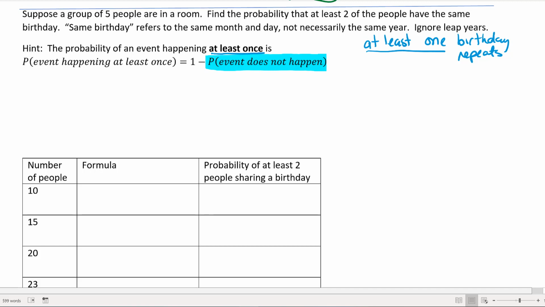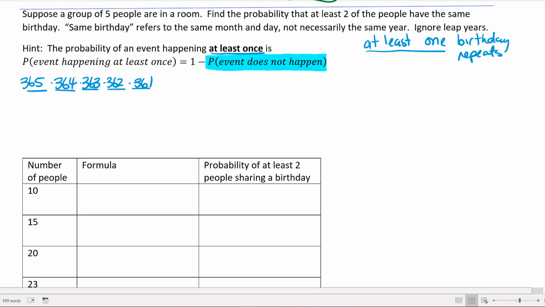So to find the probability that the event does not happen, we need those 5 people in the room to have different birthdays. So we have 365 different choices for the first person. The second person can't have the same as the first person's birthday, so that's 364 times 363 times 362 times 361.